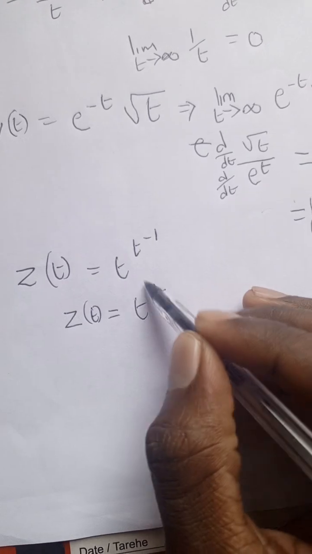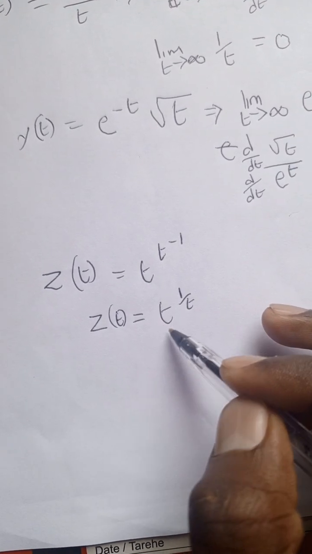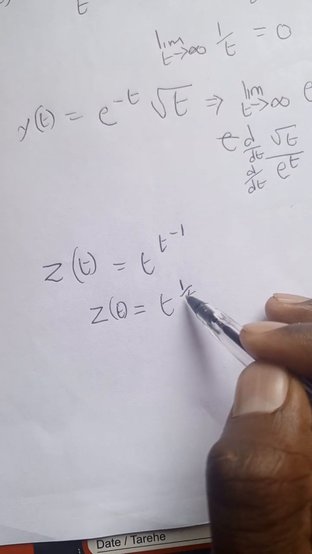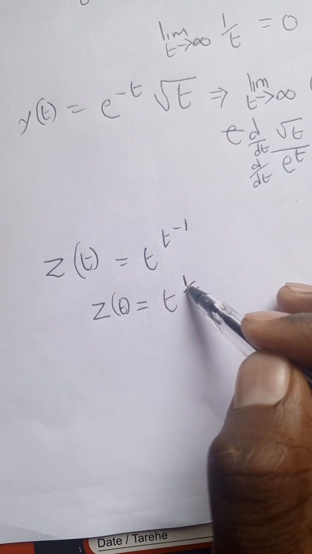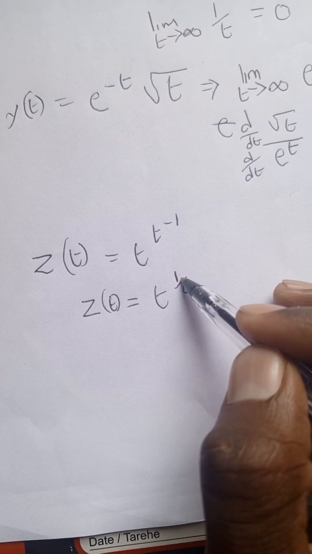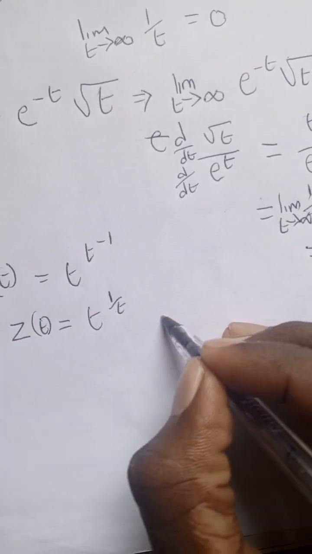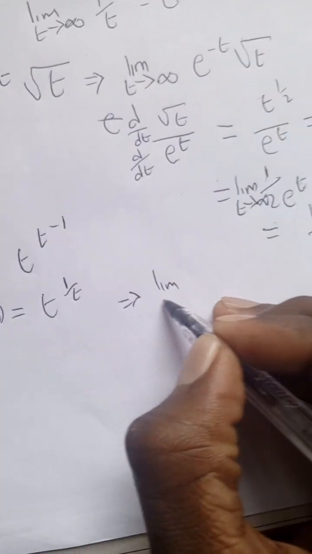Now if you plug in infinity for this and infinity for that, it will be infinity to the power 1 over infinity, which is 0. That form is indeterminate. So let's just write it with a limit, the way we are doing for the others.